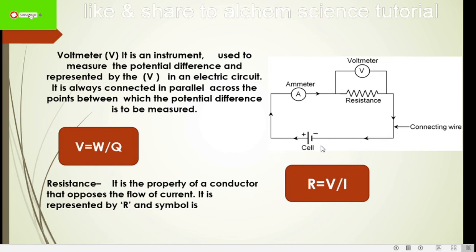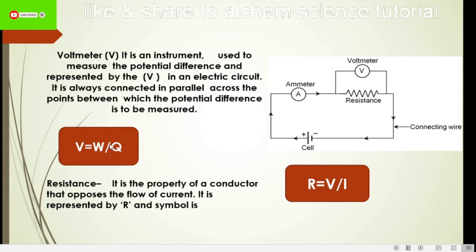As I told you, it is represented by capital V and it is connected in parallel, in between a resistance. You can see here this is a voltmeter, which is mostly used for measuring the potential difference in any electrical circuit.